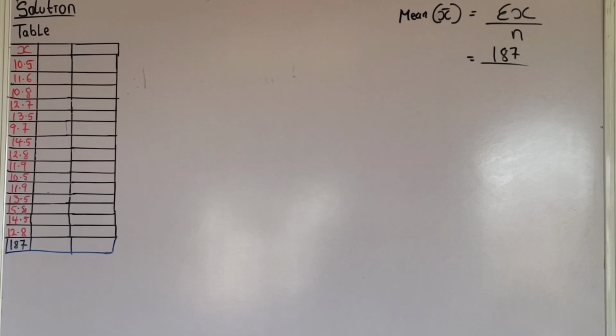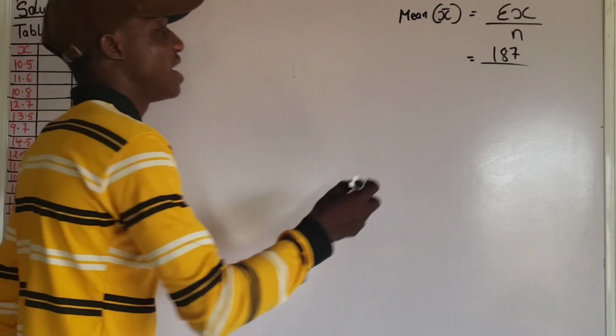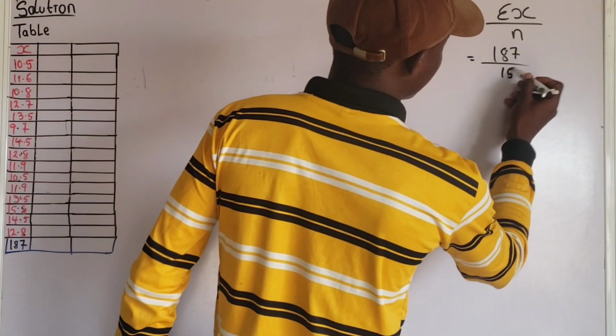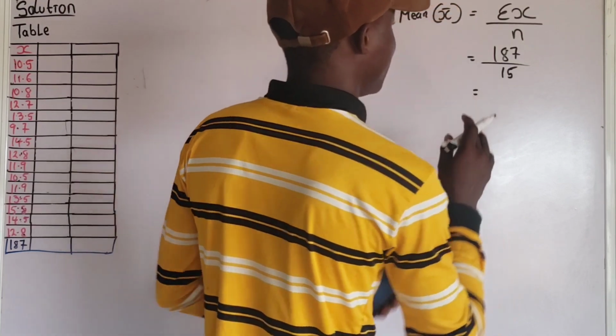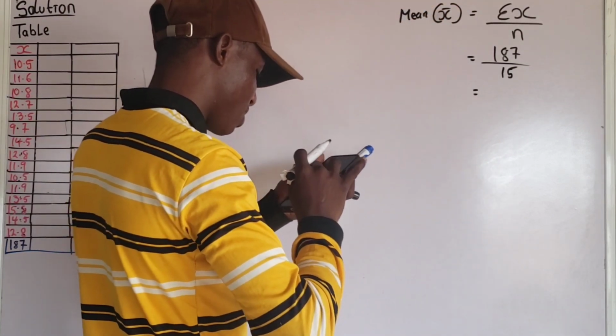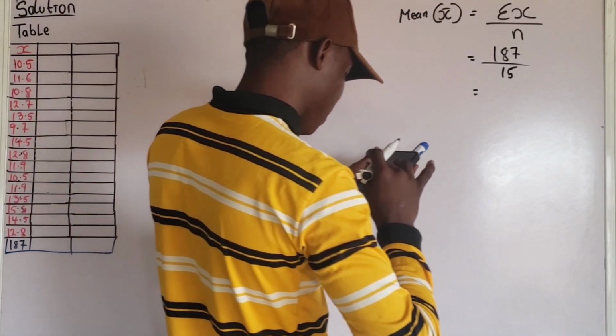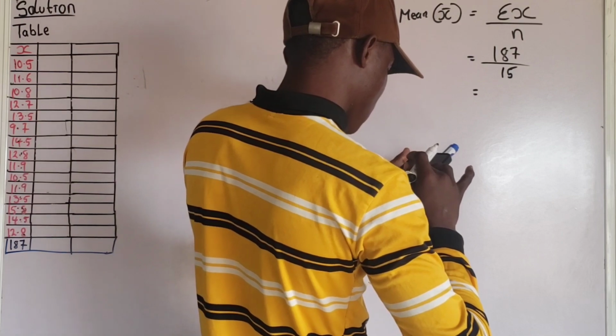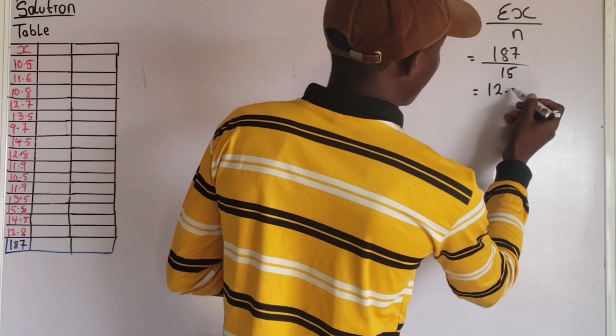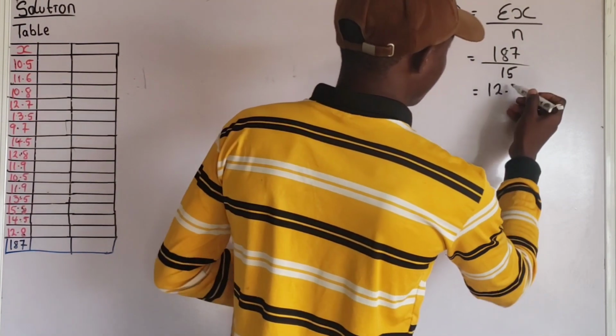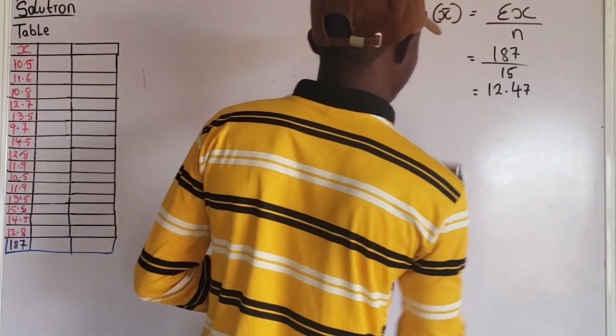You just have to count it: 1, 2, 3, 4, 5, 6, 7, 8, 9, 10, 11, 12, 13, 14, 15. So here, n will be 15. 187 divided by 15 will give us 12.47. So the mean is 12.47.